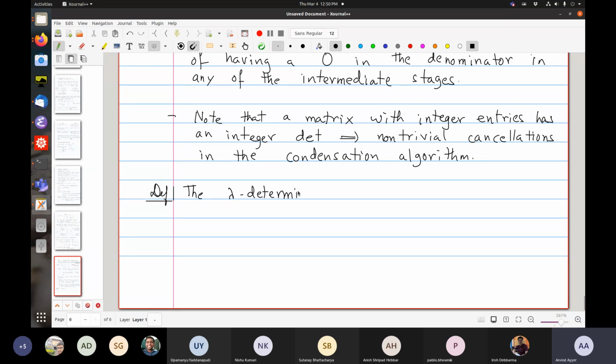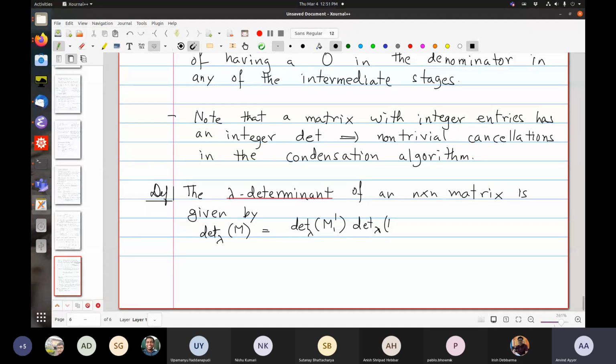The lambda determinant of an n by n matrix is given by, I'll write det_lambda for the lambda determinant, det_lambda(m11 ... ) det_lambda(mnn) plus lambda det_lambda(m1n) det_lambda(mn1), divided by det_lambda of the middle minor.